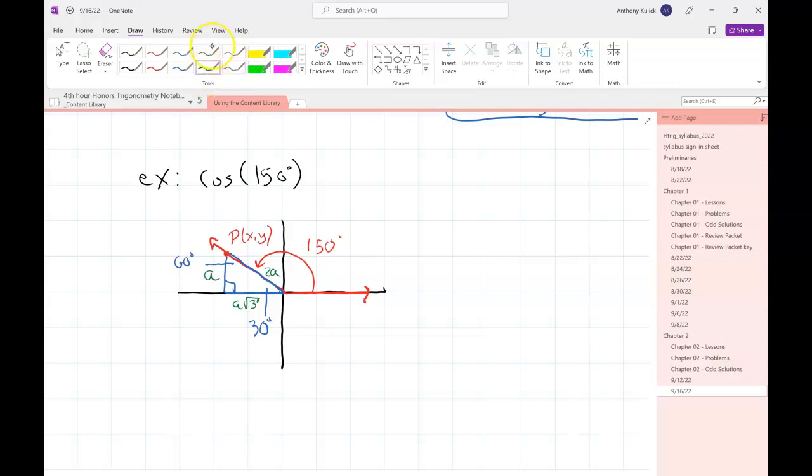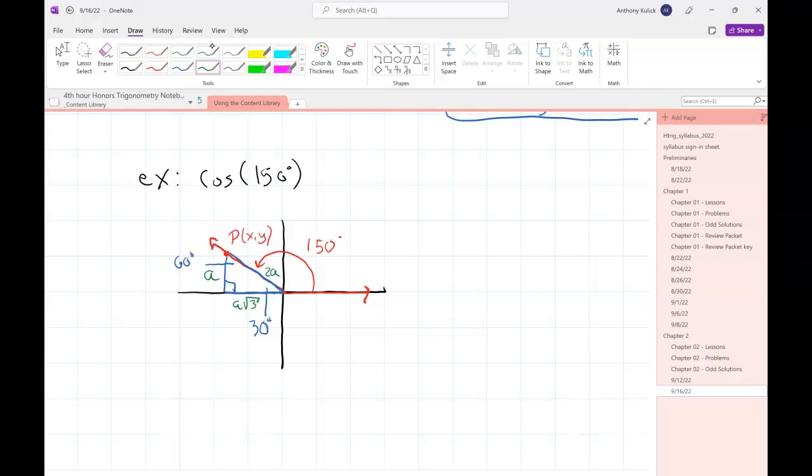But really, A is just a placeholder, right? Does it matter what A is equal to? Not really, and here's why. Does it matter where P is on the terminal side? No, any point on the terminal side would be okay.